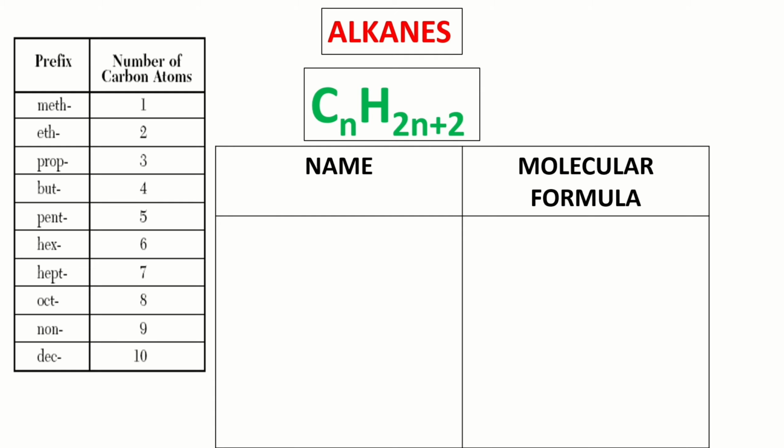You need to familiarize yourself with the prefixes. For example, meth means 1 carbon atom. Eth means 2 carbon atoms. Prop means 3 carbon atoms. But stands for 4 carbon atoms, and so on.